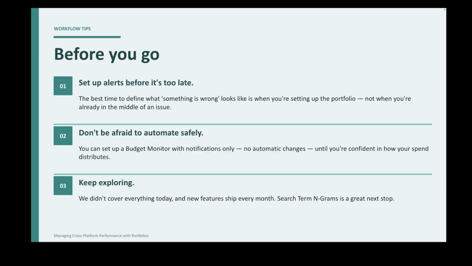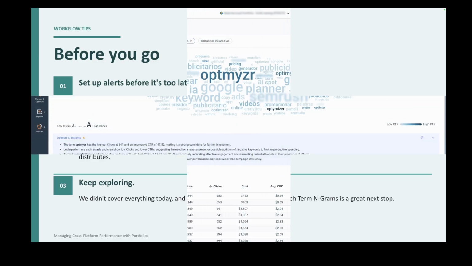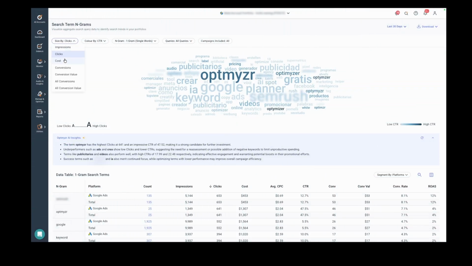And one last thing, we haven't covered everything portfolios can do today in Optmyzr, and we add new features every month. So I 100% encourage you to keep exploring the platform. For example, another cool tool worth your time as you go deeper is the search terms n-grams. You'll find it right under Insights. It breaks down your search term data into individual words and phrases.